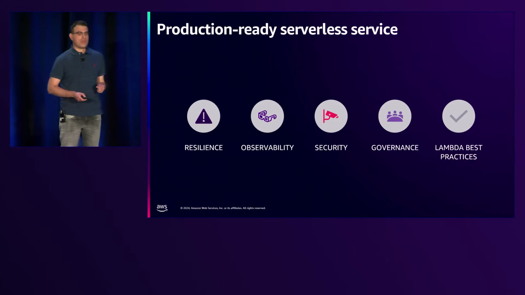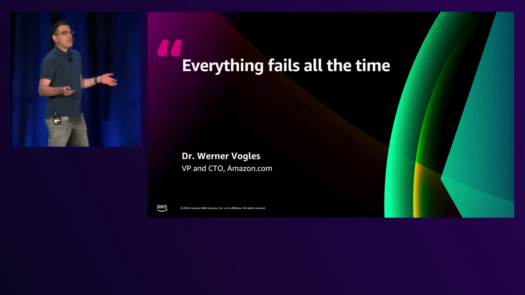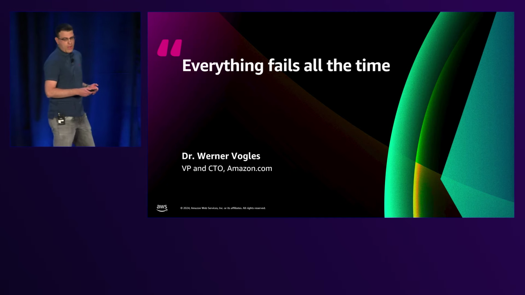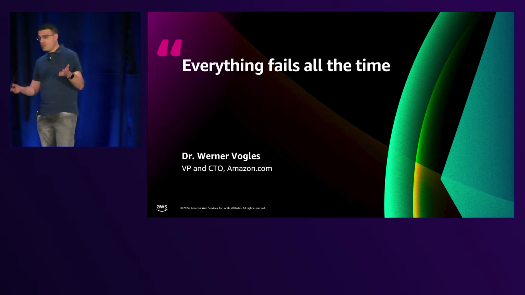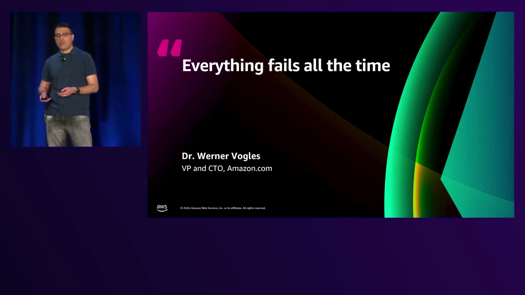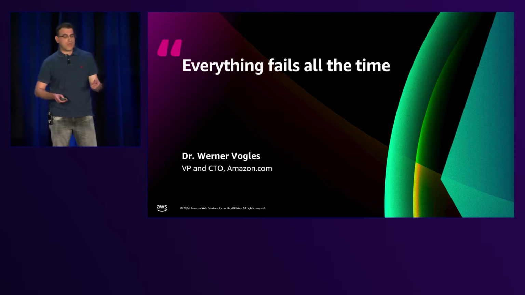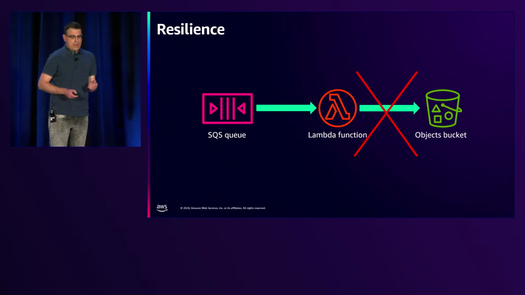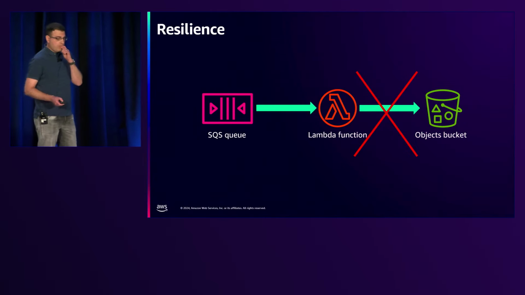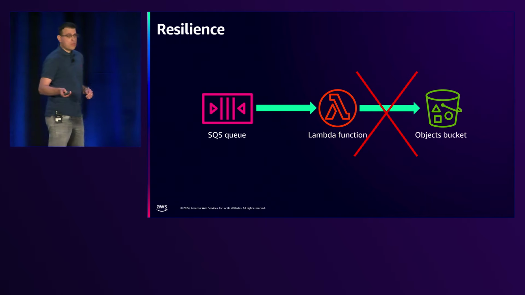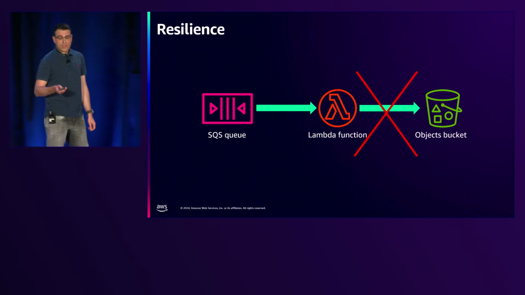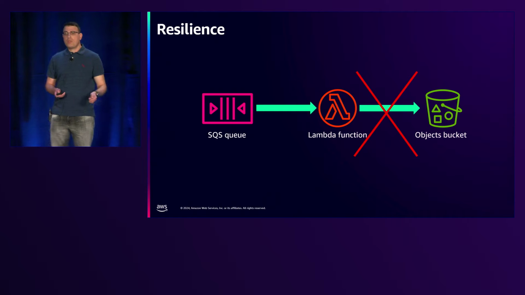Let's start with resilience. "Everything fails all the time," the immortal quote by Werner Vogels. And it is true, everything does fail all the time, and we have to think about it when we are designing our services. So let's say that, for instance, in this case, items are not getting written to the S3 bucket. Now, this could happen due to multiple reasons.